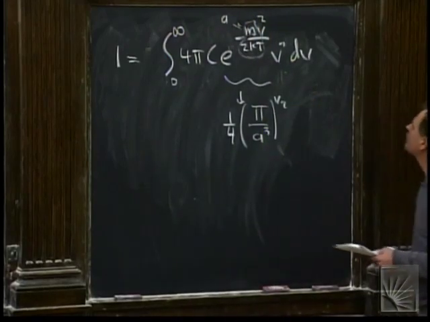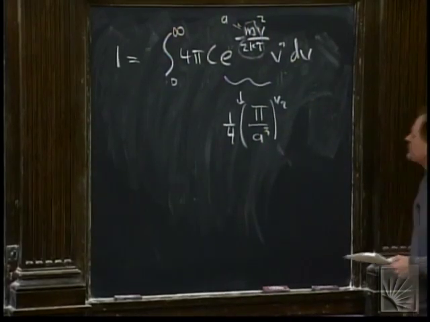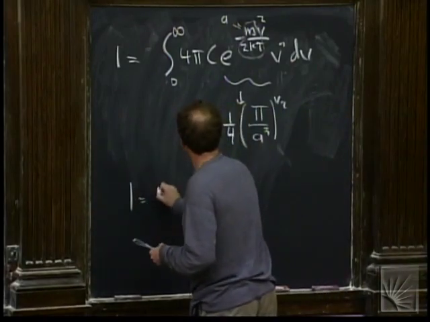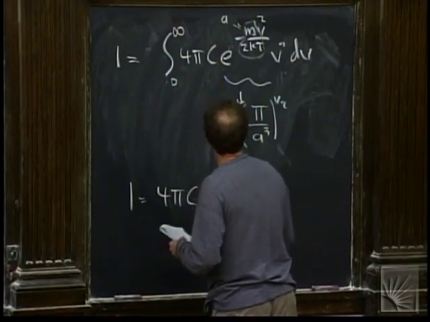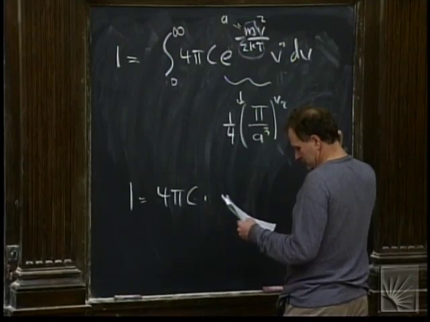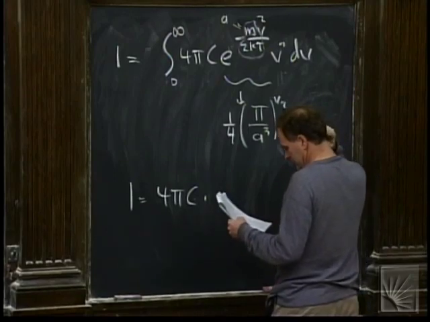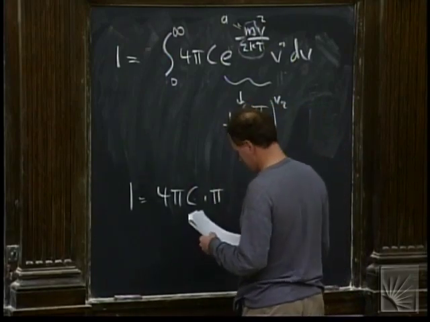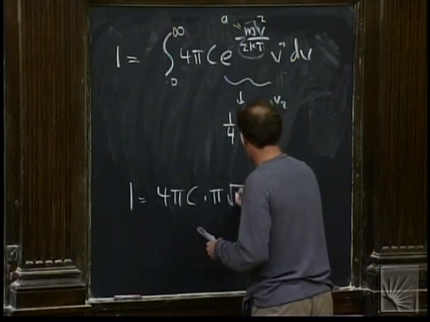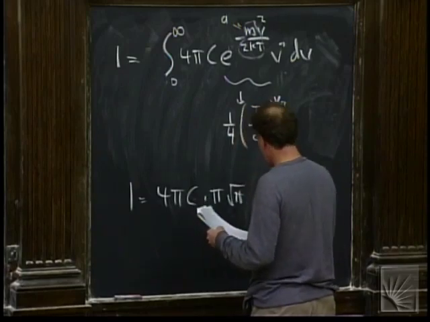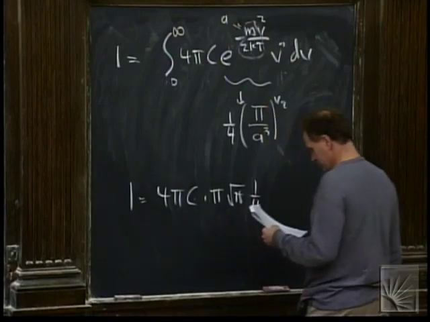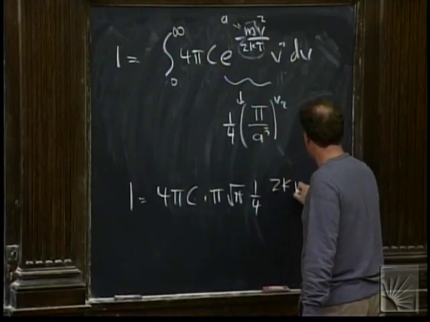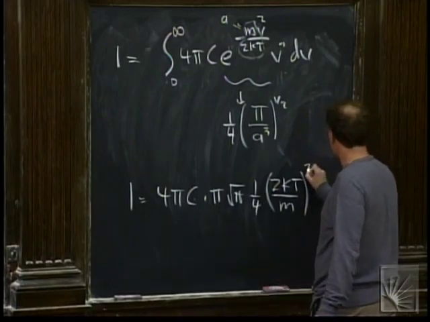All right. So I have 1 equals 4 pi c times pi times the square root of pi times 1/4 times 2kt over m to the 3/2.